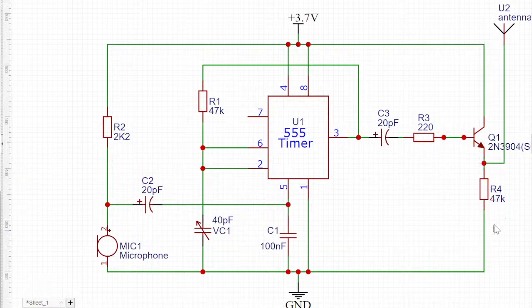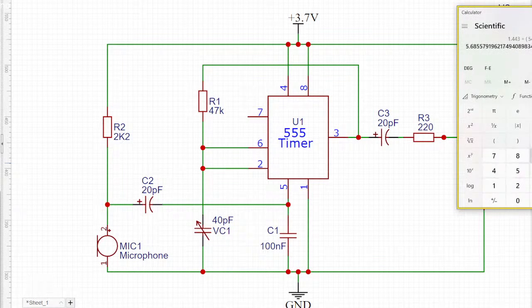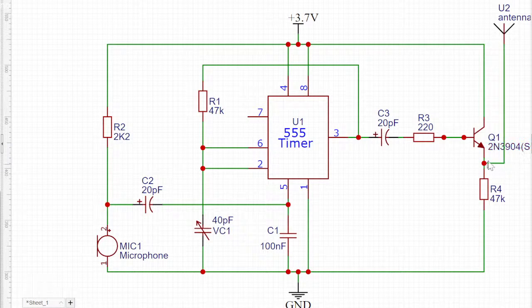All right. Now, what is the value of this resistor? You want to center the output here. You want to center the value here. So if I have 3.7 volts, I want the voltage here to be around 1.85, not 1.75.